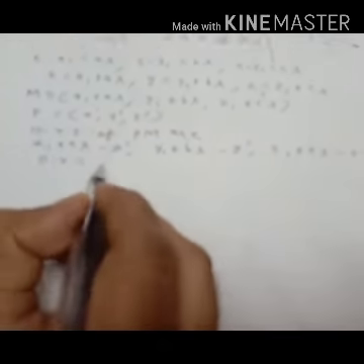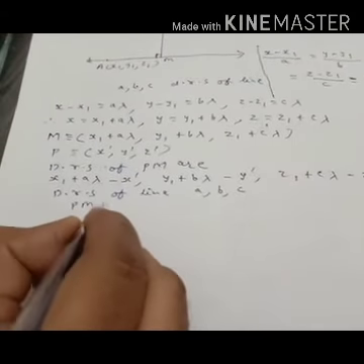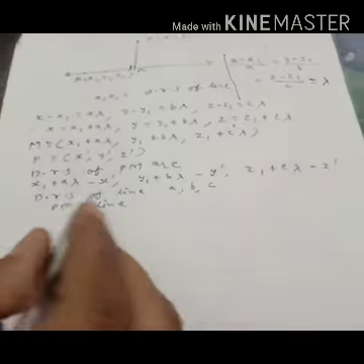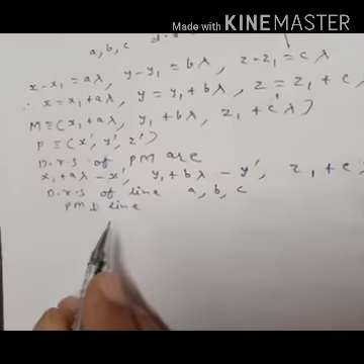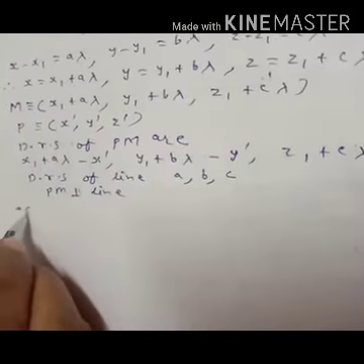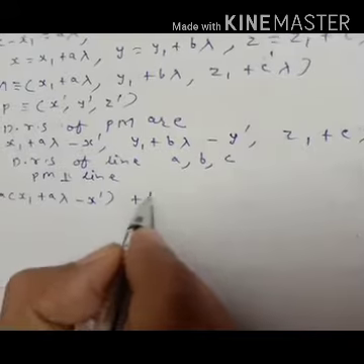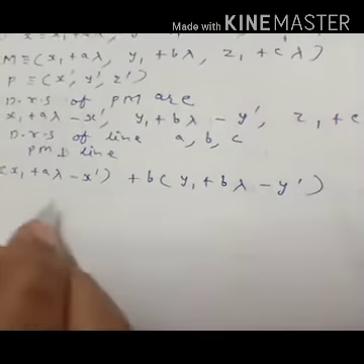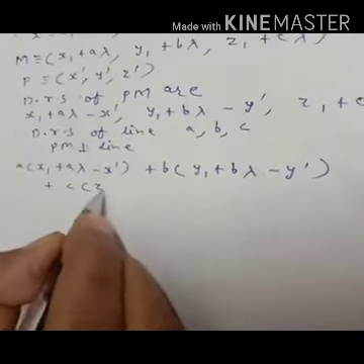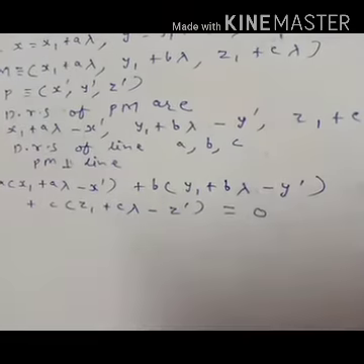The direction ratios of the line are given in the example as A, B, C. And here PM is perpendicular to the line. As PM is perpendicular to the line, the sum of the products of direction ratios equals 0. So A into bracket x1 plus a lambda minus x dash, plus B into bracket y1 plus b lambda minus y dash, plus C into bracket z1 plus c lambda minus z dash, equals 0.